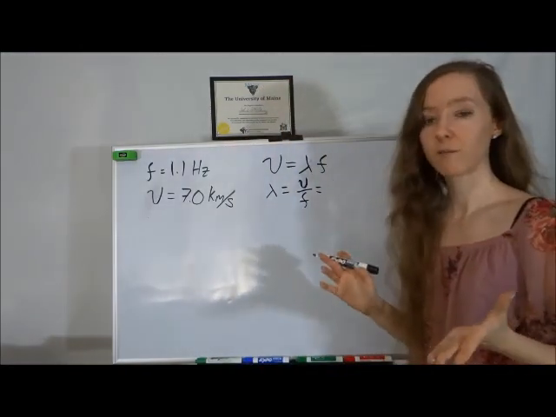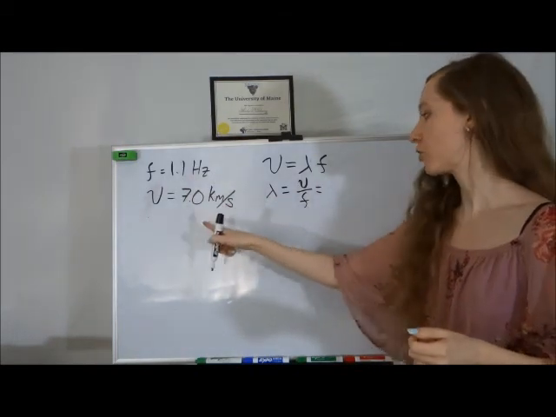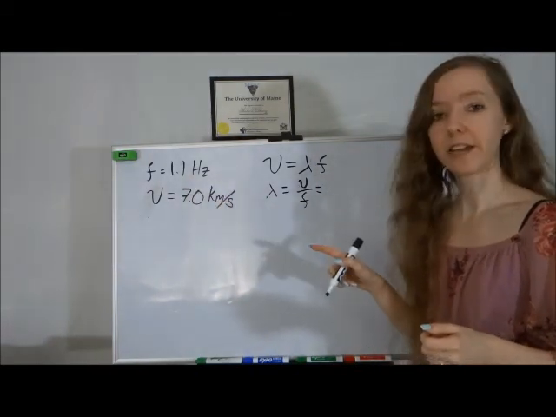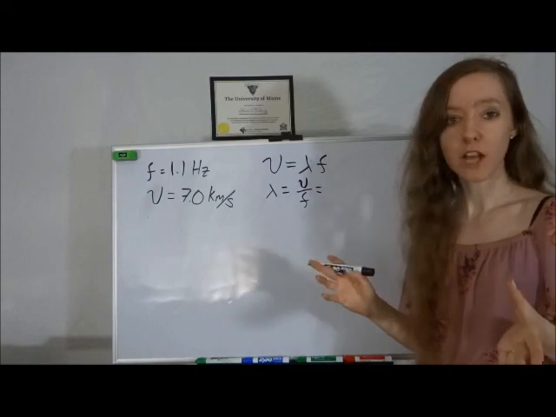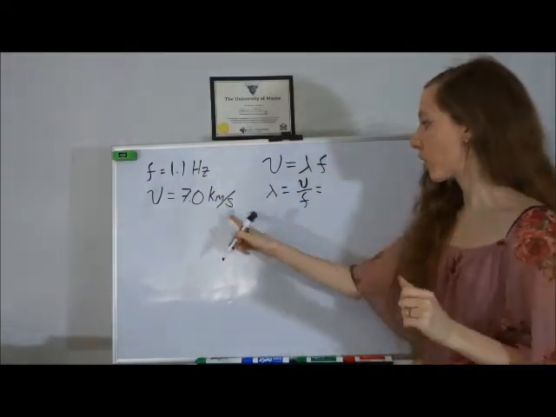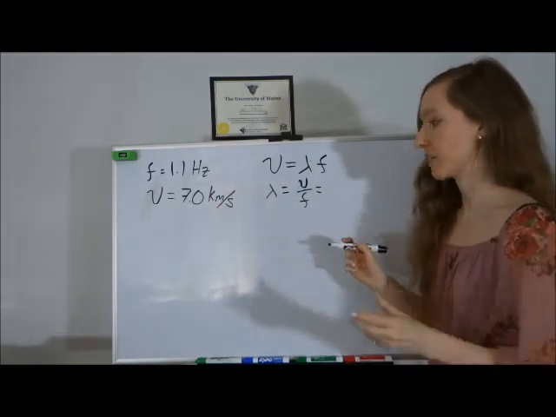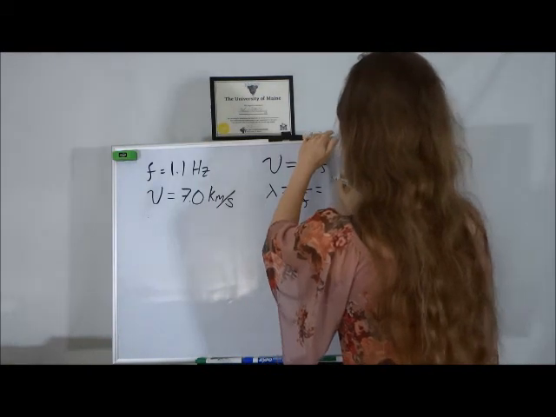And now it's a matter of plugging in our variables. I'm going to go ahead and convert our velocity to meters per second. Some people solve this in units of kilometers, and that's fine, but I'm just going to use meters. So this is going to be the same thing as 7 times 10 to the third meters per second.